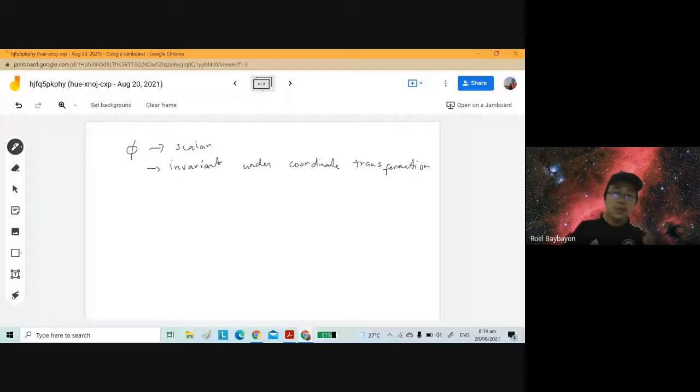Now, a scalar is invariant, but a vector will change under coordinate transformation. So this is just a definition of these two, a scalar and a vector quantity. A set of quantities, I call this one A. Sometimes in Physics 41 we use an arrowhead, and we call this a vector quantity.